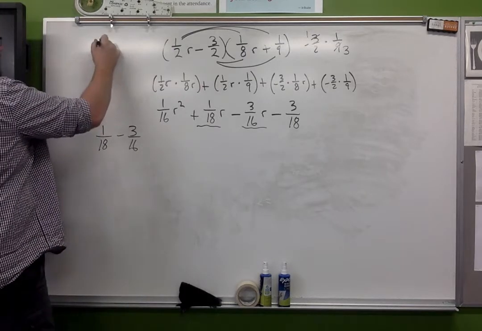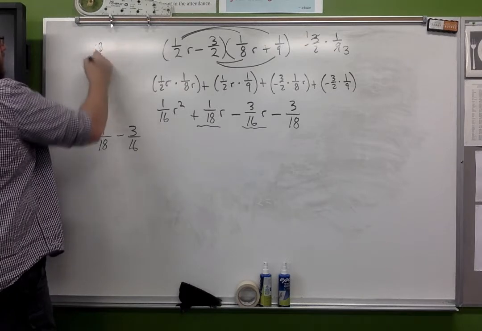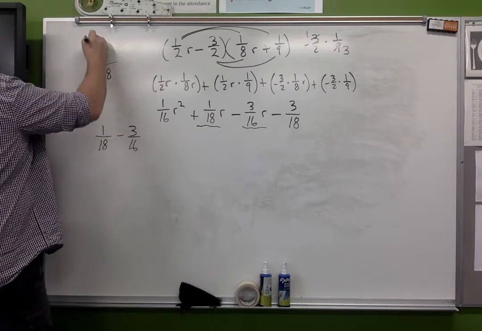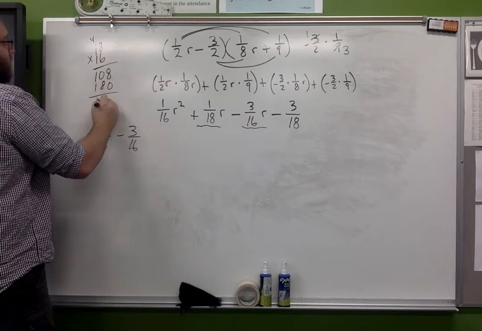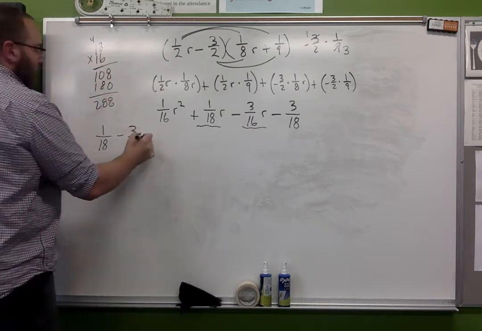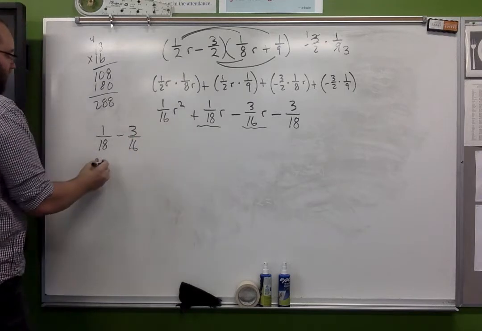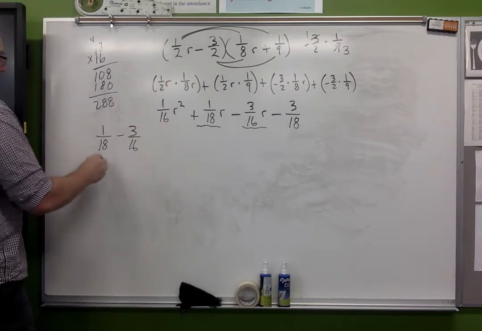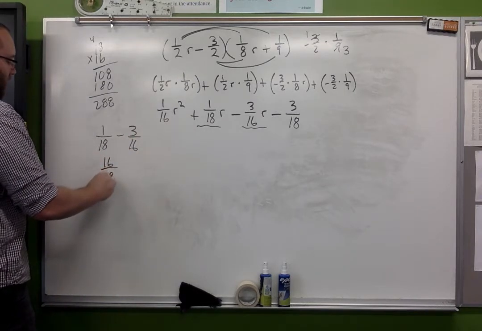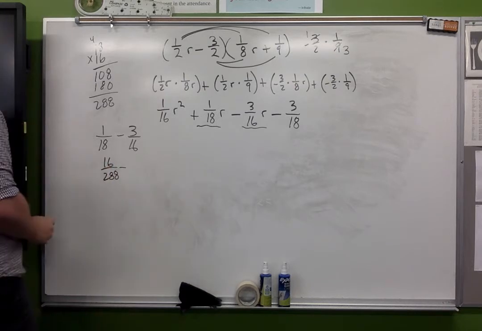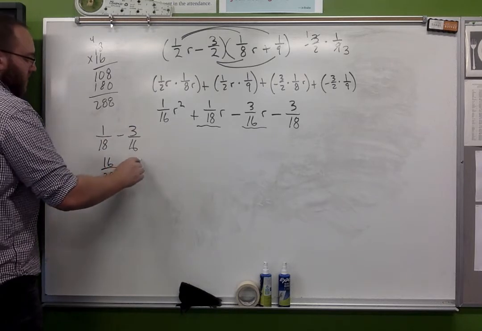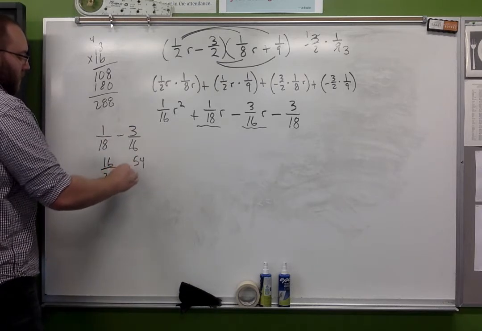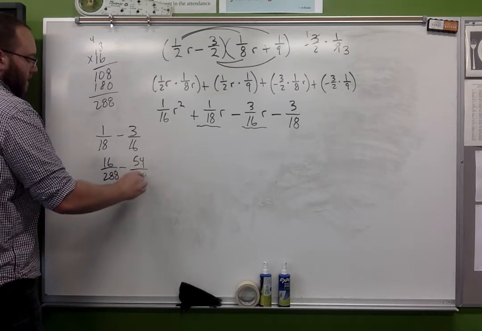So let's just multiply them together. We get a common denominator. So we have 288. So this is going to be 16 over 288 minus, now we multiply by 18 here, so we got to do 18 times 3, which is 54 over 288.